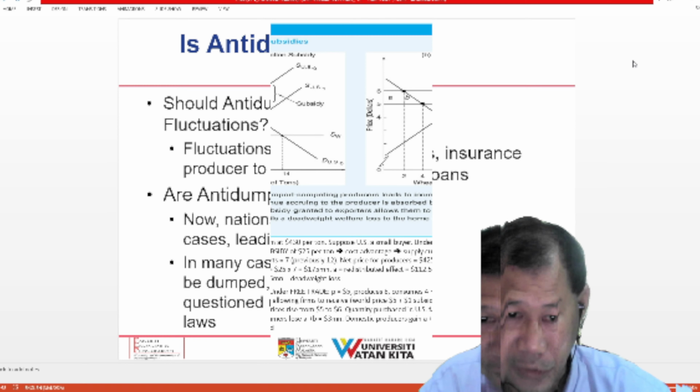Are anti-dumping duties overused? Nations small and large bring anti-dumping cases, leading to retaliation. In many cases where imports were determined to be dumped, they would not have been questioned under the same country's antitrust law.